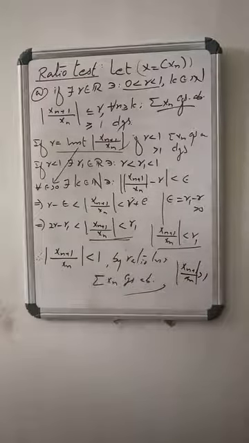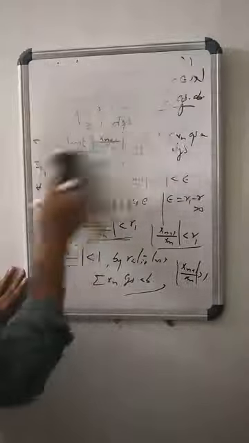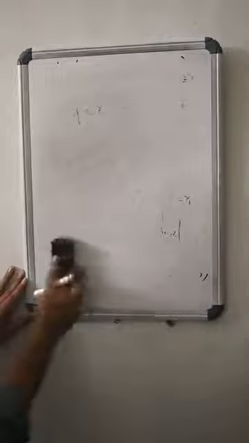Again by the ratio test, the series sigma xn diverges. Okay. So these are the three important tests for testing the convergence or absolute convergence of a given series: the limit comparison test, the ratio test, and the root test.